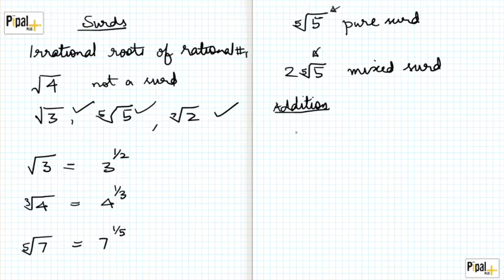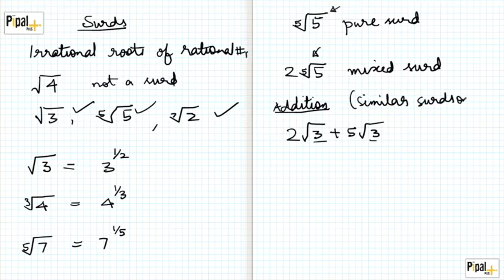So for example, I may be able to add 2 root 3 and 5 root 3, because this part and this part are the same. In fact, 2 root 3 and 5 root 3 are both called similar surds. So addition is possible for similar surds only. So 2 root 3 plus 5 root 3, if I take root 3 common, I'm left with 2 plus 5, so we get 7 root 3.